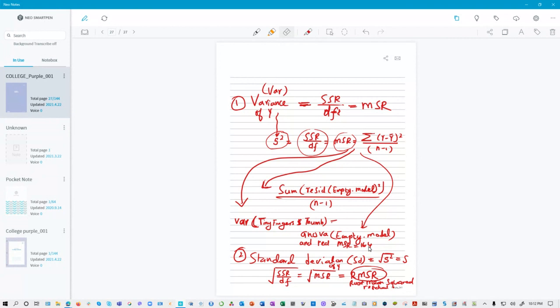Or if I run this one, you get 16.4. Or you can remember the sum of residual squares is 82, divided by n, which is 6, minus 1, so 5.